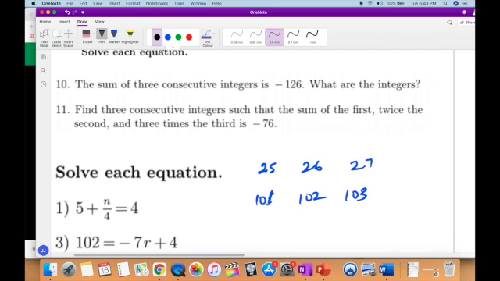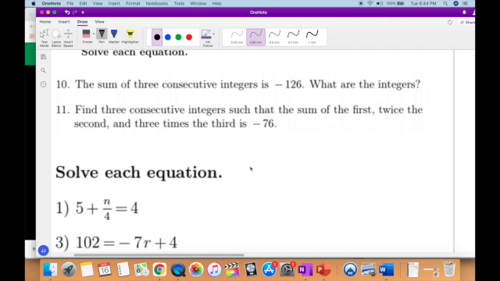What do I have to do to this first one to get the second one? You add 1. Right. And what do I have to do to this one to get the next one? You add 1.